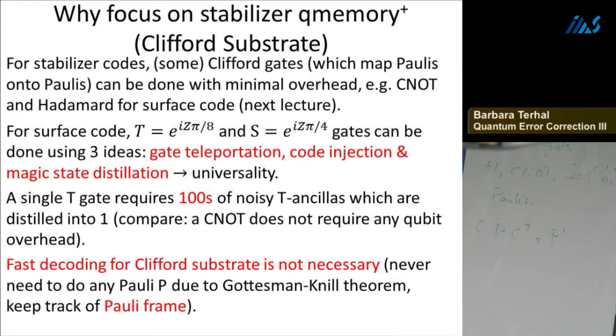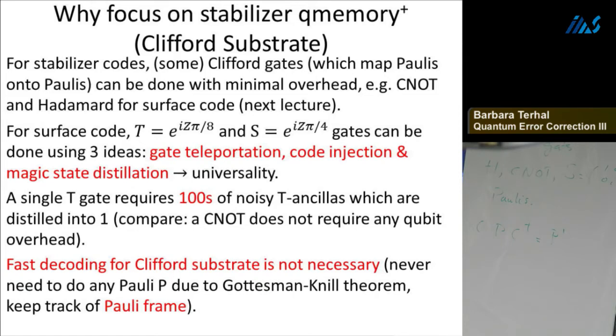So, for example, realizing a single encoded T gate requires hundreds, this is a rough estimate because these numbers are changing as there is work on improving this, hundreds of noisy T ancillas. And these noisy T ancillas are single qubit ancillas. So there is a much larger overhead.